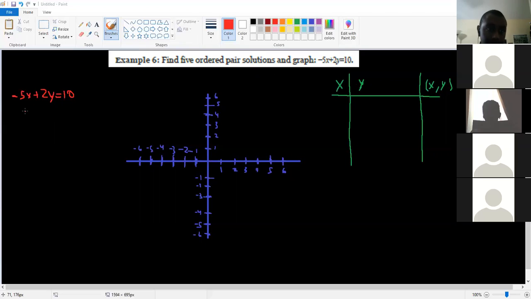So first I made the equation into slope intercept form, so it can be easier to graph and find points. Okay. So then what'd you do?